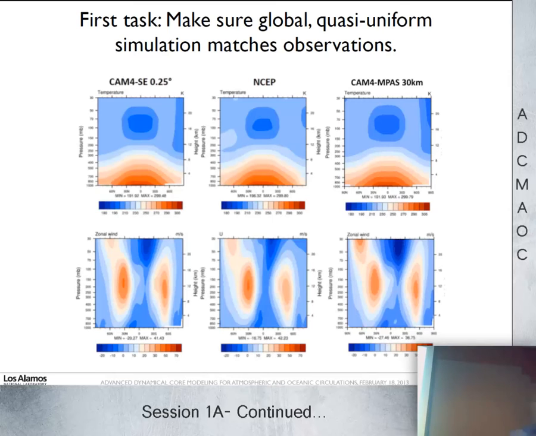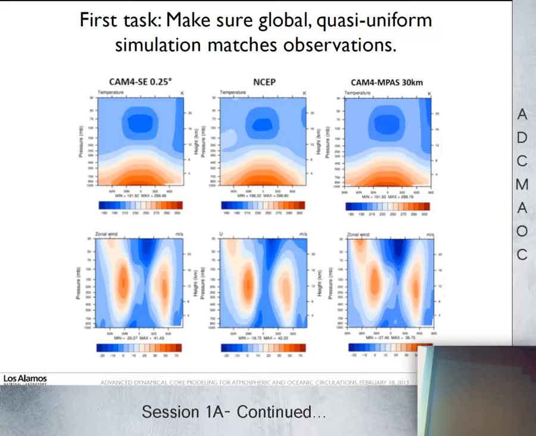So the first thing you have to do with a new model like the atmosphere model is run it in quasi-uniform mode. And now, since we're in a real-world configuration, we can compare to observation. So we can compare to NCEP, and we can also compare to the spectral element model, which is the default model within the Community Atmosphere Model.